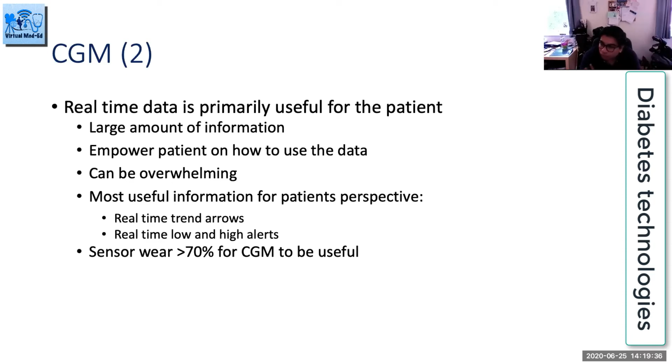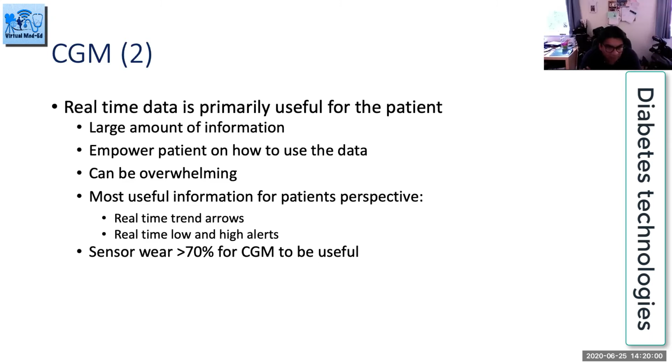So the most useful information from a patient's perspective, and I think there were some surveys looking at this, when they asked patients on CGM what is most useful for them, they find the trend arrows extremely useful. And certainly the alarm settings, for your low alerts and high alerts, can be useful as well. But there's something about the high alerts that you need to be careful about, which I'm going to allude to shortly.